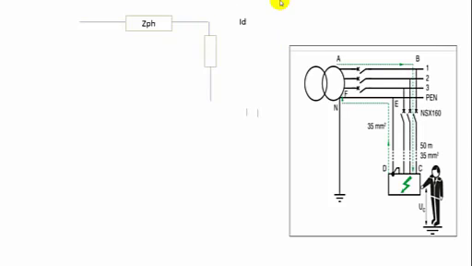Thus we can represent the impedance of the phases, of the phase cable, when we have a fault, and we represent the impedance of the fault when we have a fault contact, and we have the masses. We represent the impedance of the PE cable to earth.